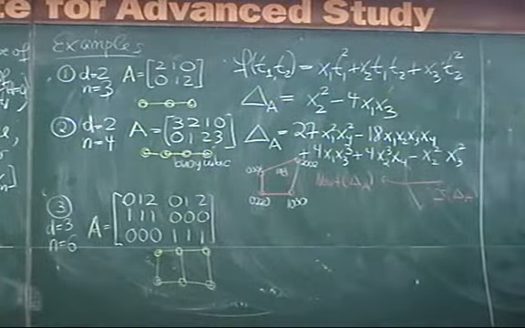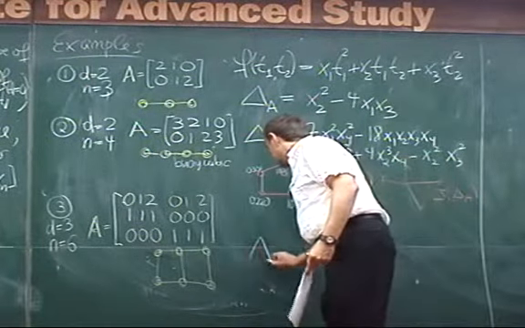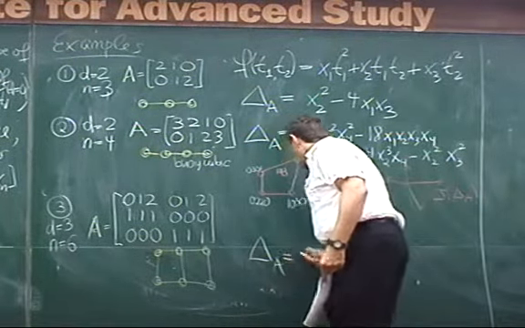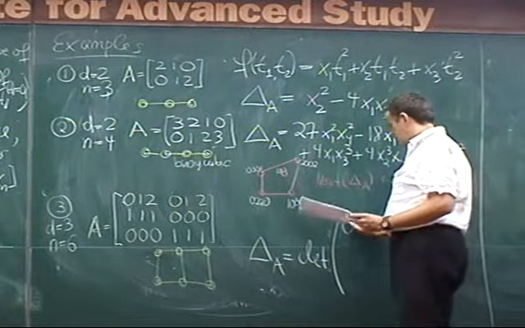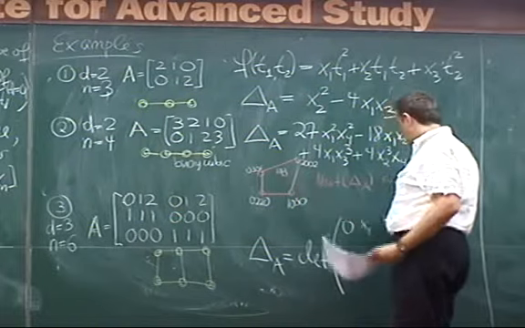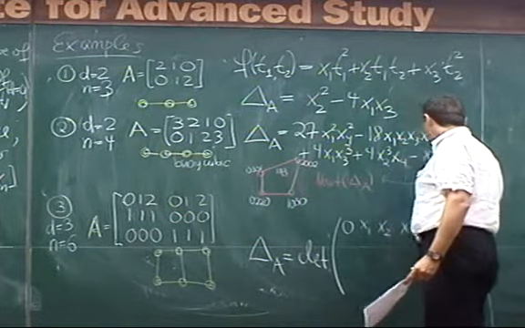And the discriminant in this case is the following polynomial of degree 4, the determinant of the matrix with rows x1, x2, x3, 0; 0, x1, x2, x3; x4, x5, x6, 0; 0, x4, x5, x6.